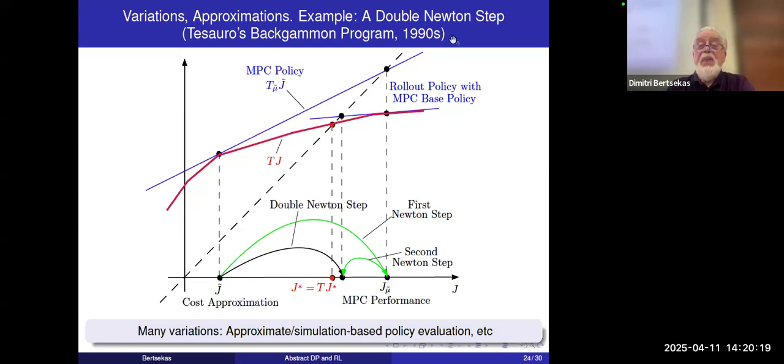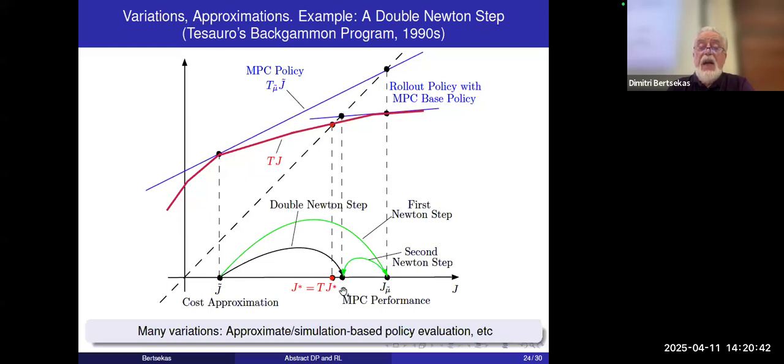Now, interestingly, the first major success story of reinforcement learning comes from the 90s with a backgammon program by Tesauro, called TD Gammon. And this was the AlphaZero of the 90s, okay? A very major development, very impressive and very motivating. And it was based on a double Newton step. You can interpret this in terms of a double Newton step.